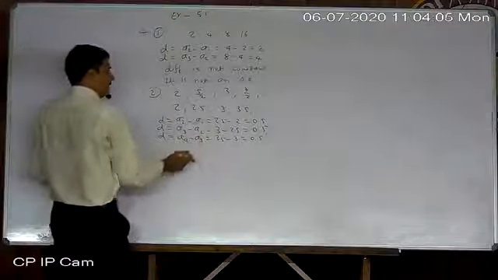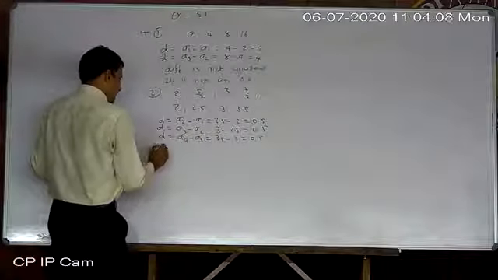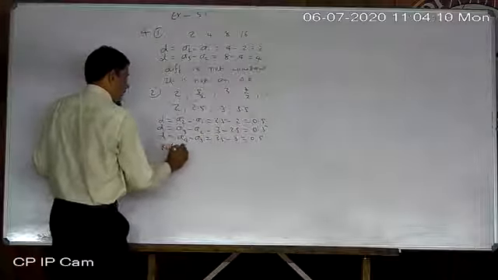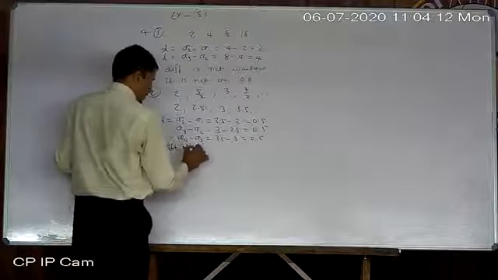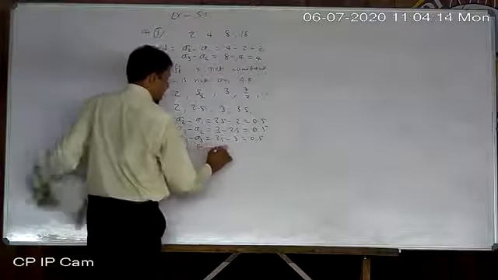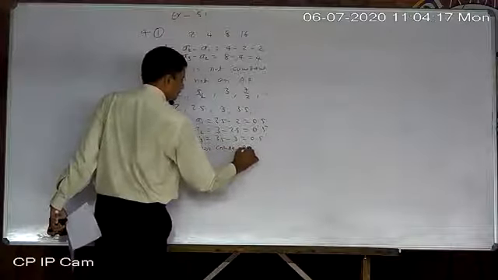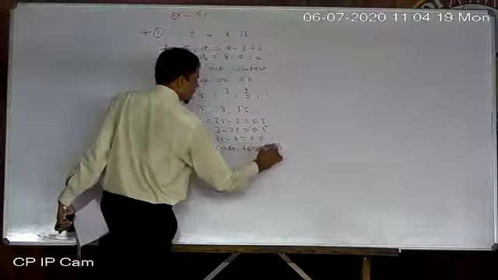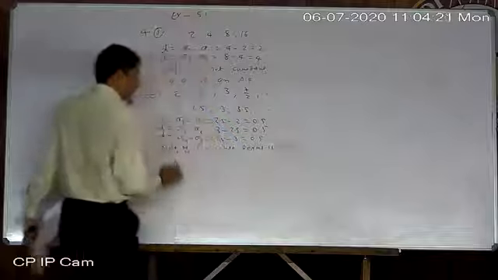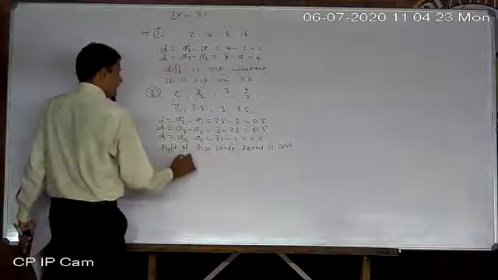So everywhere the difference is constant. So write down: difference of 2 consecutive terms is constant. Therefore, it is an AP.